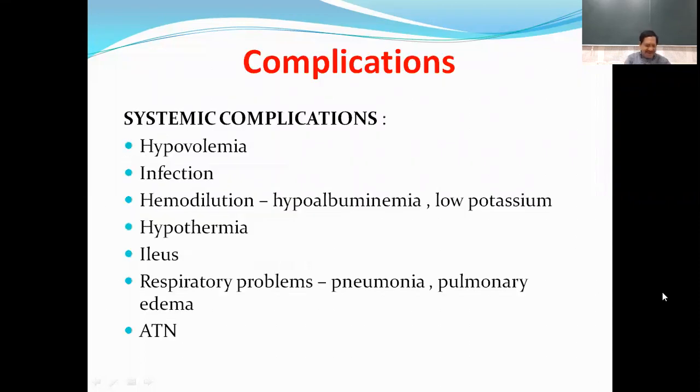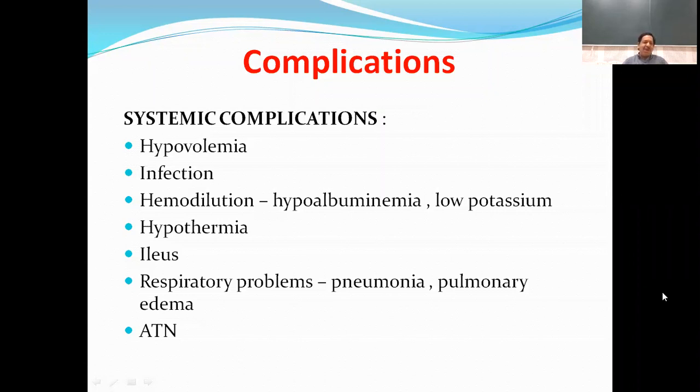Now, what are the complications of burns? Systemic complications: hypovolemia can occur. We have already discussed how hypovolemia is produced: blister fluid, evaporation, fluid loss, intracellular to extracellular shift. All these result in hypovolemia. Then infection can occur.